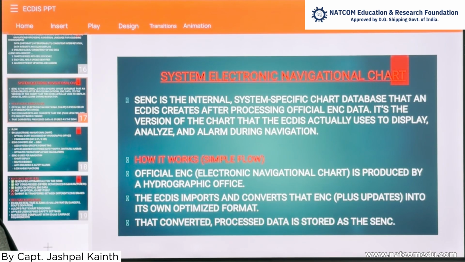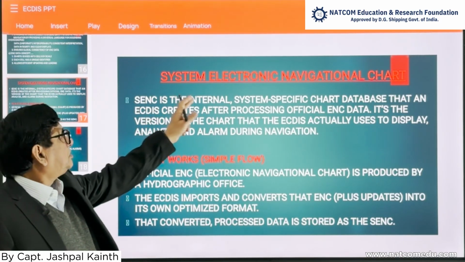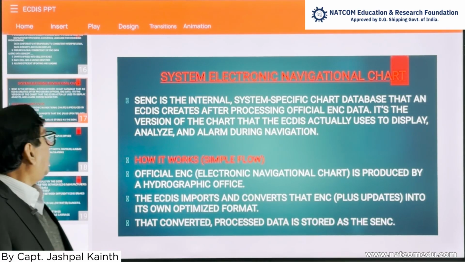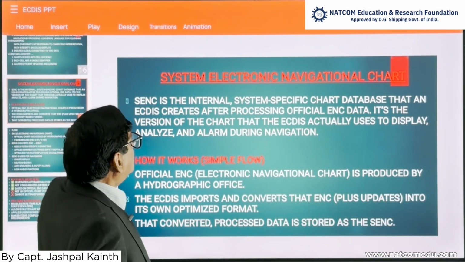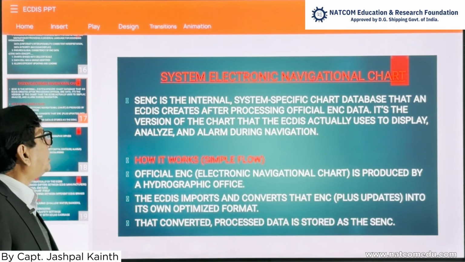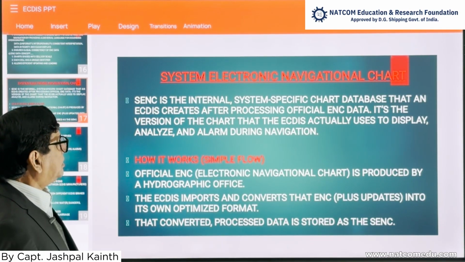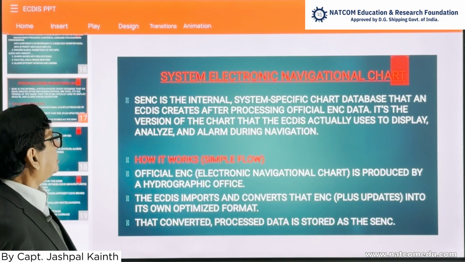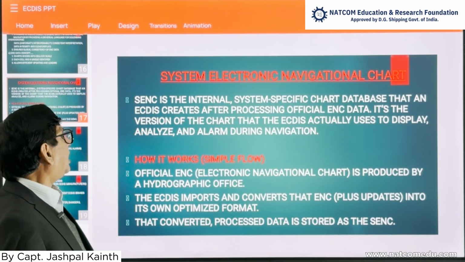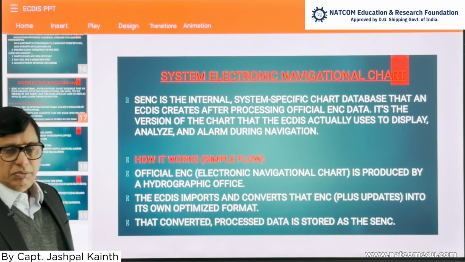The last topic in our discussion today is the System Electronic Navigation Chart, SENC. What is it? SENC is the internal system-specific chart database that an ECDIS creates after processing official ENC data. It is the version of the chart that the ECDIS actually uses to display, analyze, and alarm during navigation.